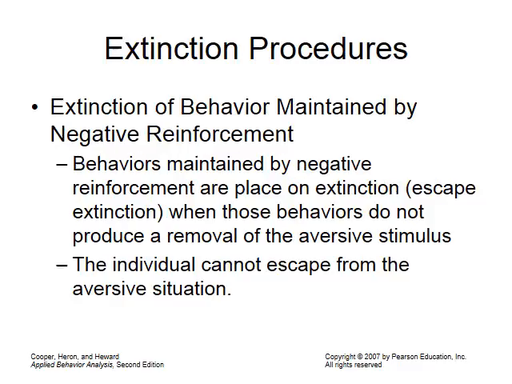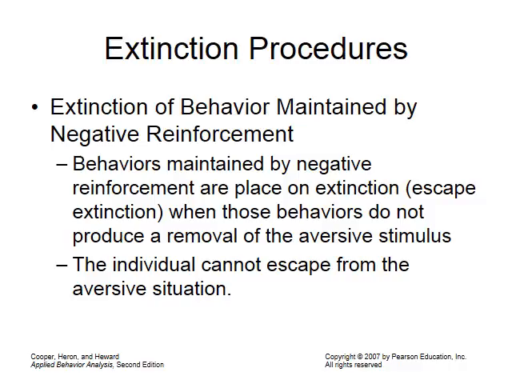We can also have extinction of behavior maintained by negative reinforcement. Behaviors that were maintained by negative reinforcement are placed on extinction, and this is called escape extinction, when those behaviors do not produce a removal of the aversive stimulus. So the individual cannot escape from the aversive situation. Again, if we take this back to the Skinner box, the rat might get a shock, and as soon as they push the lever, the shock stops.